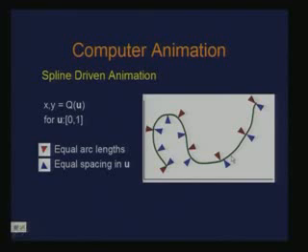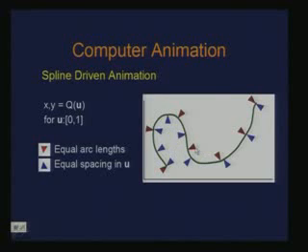If I fix an interval, let's say t equal to 1 or 2, whatever time, then the same amount of distance I will be traversing along the curve. So basically it's an equidistance traversal along the curve.